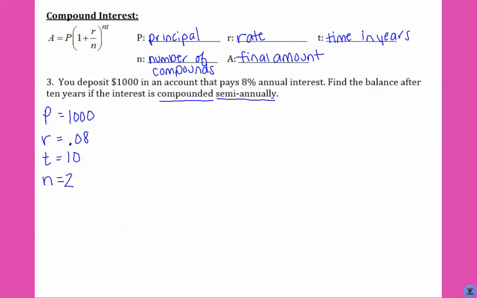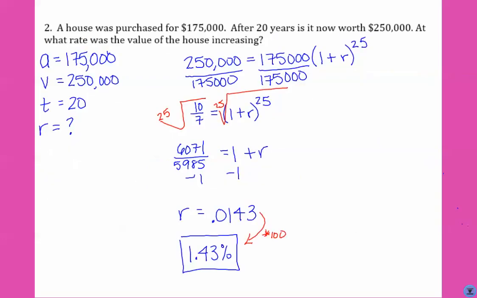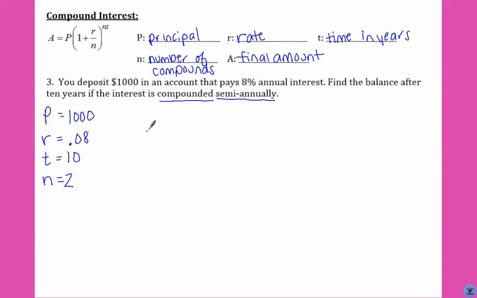It's 2, because if you look back, we said semi-annually occurs twice a year. So let's plug this in. Our final amount's going to equal 1,000 times 1 plus 0.08 over 2 to the 2 times 10 power. Since there's no variables on the right-hand side, we can just type it straight in our calculator.